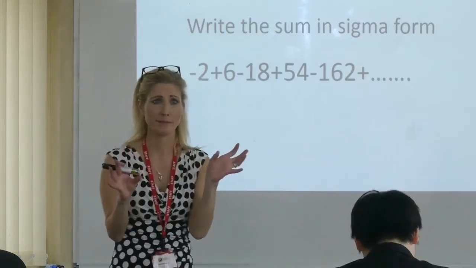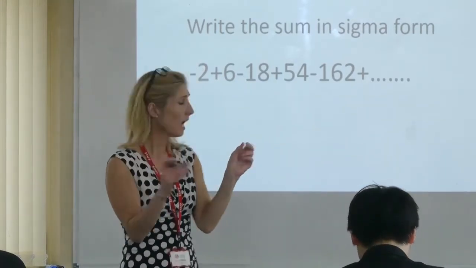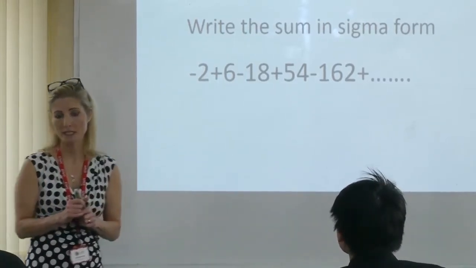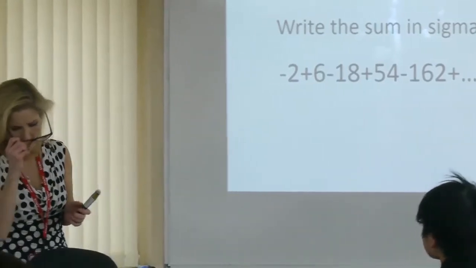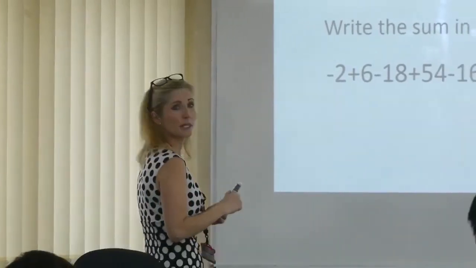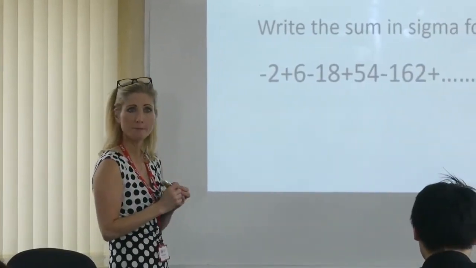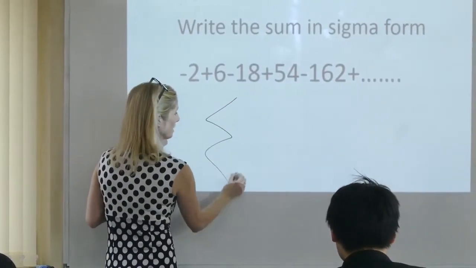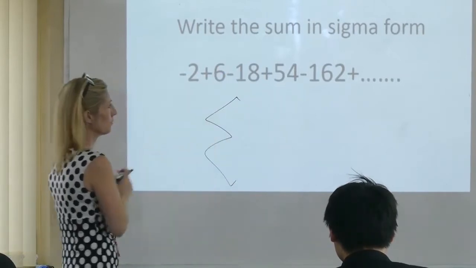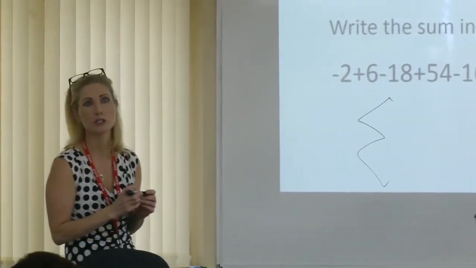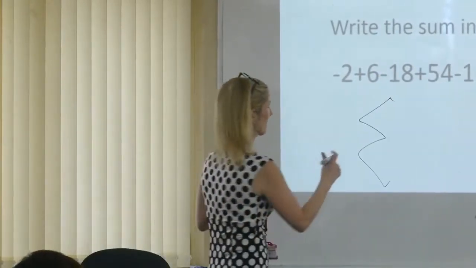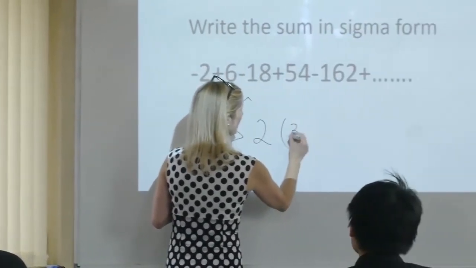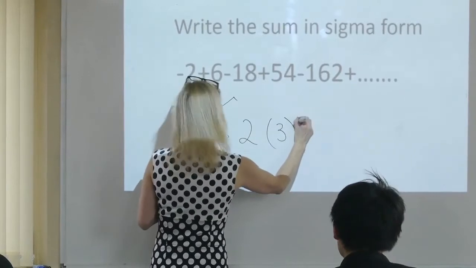and treat the sign separately, okay? So if we were just dealing numerically with this example, then what would the formula be for the GP? What would the formula be for the GP if you were coming up with the nth term, Pete? 2 times 3 to the power of r minus 1.